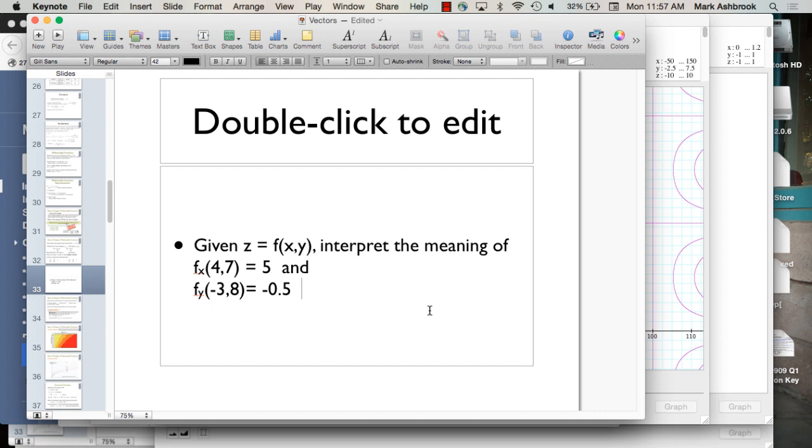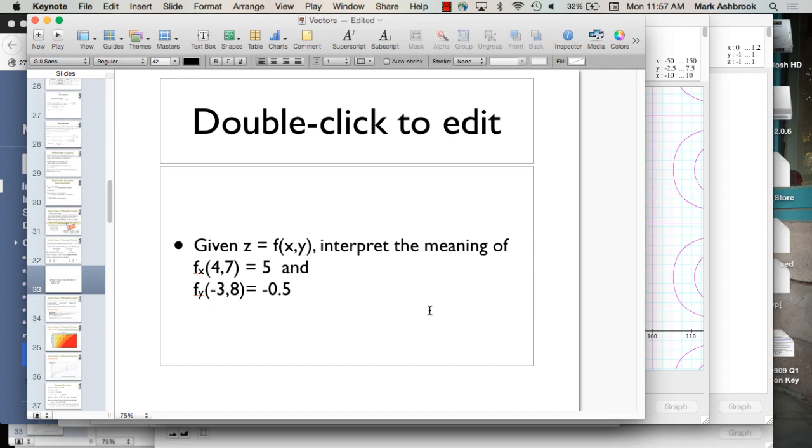Okay, Austin. Tell me what the number 5 means. For every small change in z, the x value will change by 5. Okay. Do you agree with that? Julia? So at a constant value of y equals 7, as x is varying around x equals 4, z is changing by 5 times the change in x.